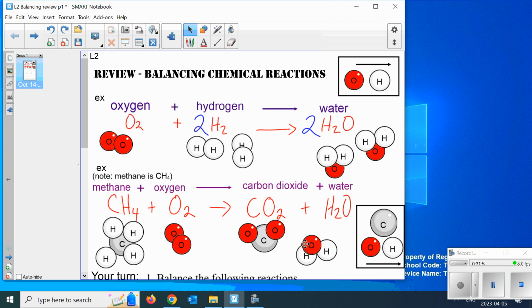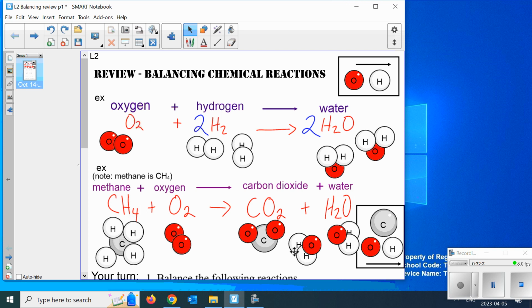Well, the only way to get hydrogens on the right is to come as groups of H2O, right? So I'm thinking I need another set of water. Put that there. Now I've got 4 hydrogens. Good. So you know what this represents.